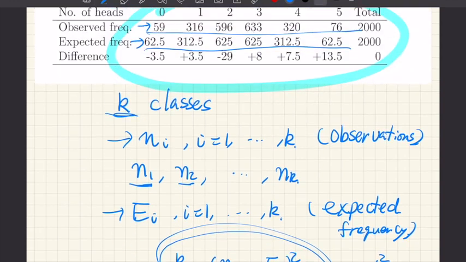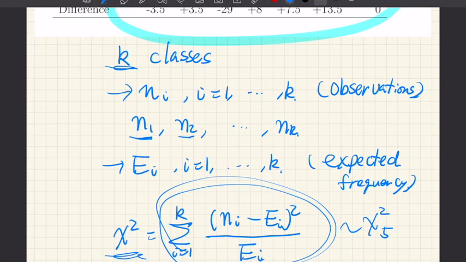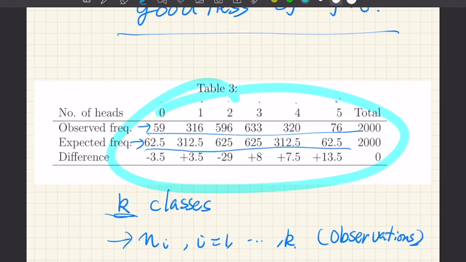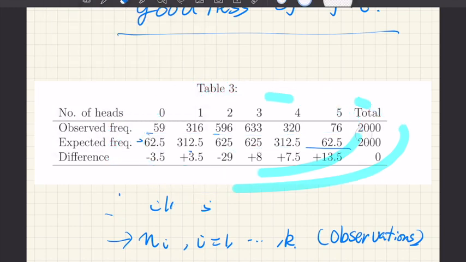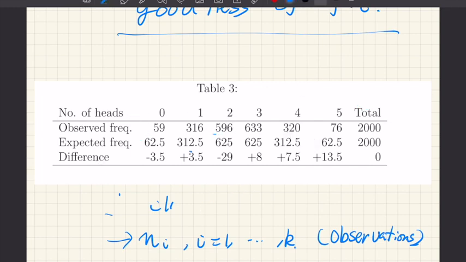If you calculate the chi-square statistic for this particular data, we have these differences here, so we square them, divide by the expected frequencies, and add them.